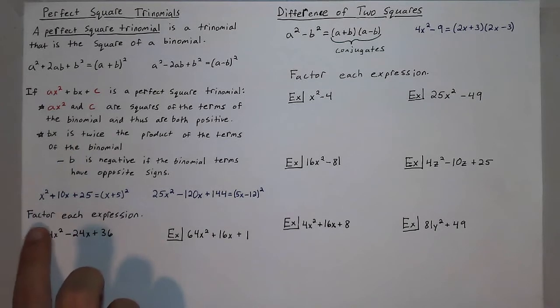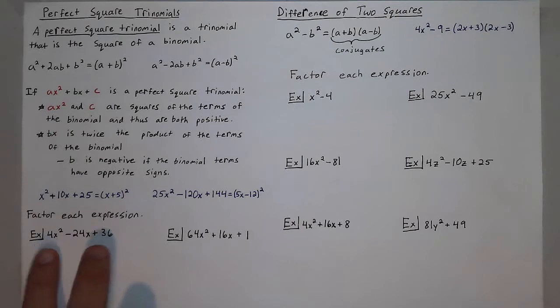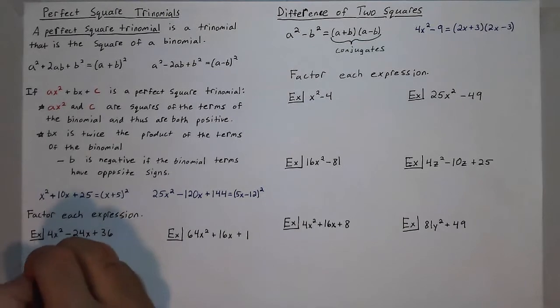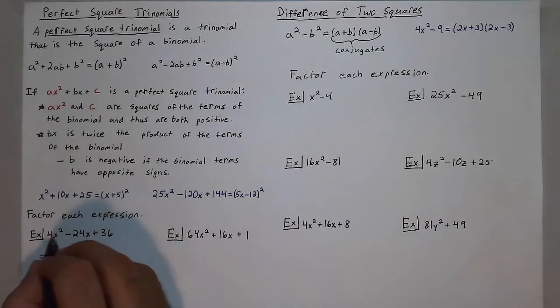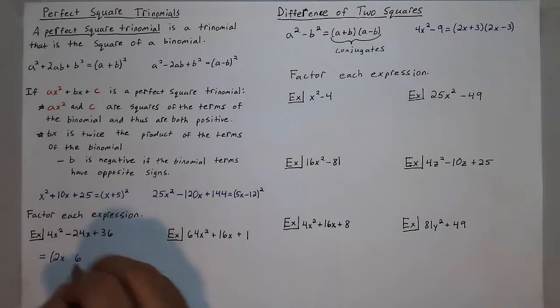Now, if you tried to factor these expressions, the way you would do it is you would first see if the outer terms are perfect squares. We'll see here 4x squared and 36 are perfect squares. So I would deduce that maybe this is equal to 2x, because 2 squared is 4, x squared is x squared, and 36 would be 6 squared.